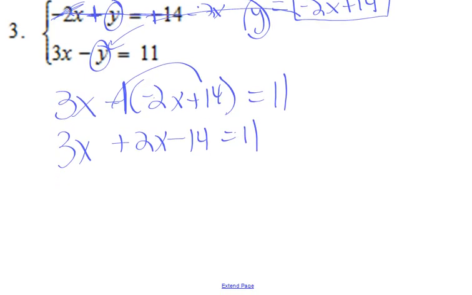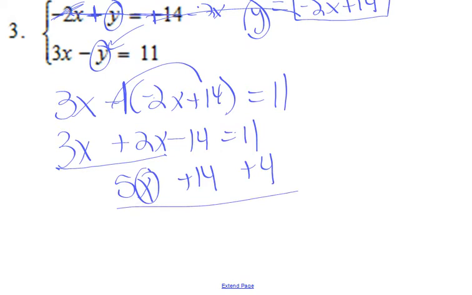So now we're going to combine our like terms. 3x plus 2x is 5x. And let's add 14 to each side to keep solving for x. When we do that, this goes away, and that's plus 14. So we have 5x equals 25.